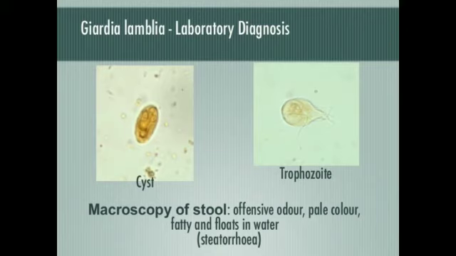We can also perform serological tests, that include antigen detection and antibody detection. Then we can also perform molecular diagnosis by DNA probe or PCR, polymerase chain reaction. Mostly here I'll be discussing the microscopic examination and the entero test or string test.